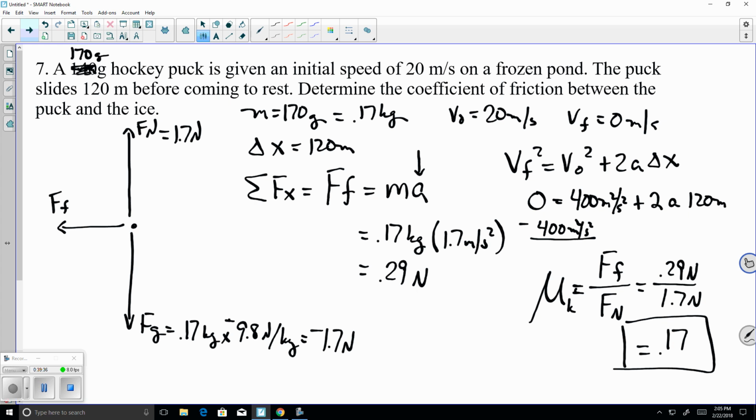It cancels out on the right side, leaves you minus 400 on the left, equals 2a times 120. So I'm going to take the 2 times 120, that's going to be 240 meters, and minus 400 over 240 equals a, which is minus 1.7 meters per second squared. Okay, so we got rid of the magic. So that's it.